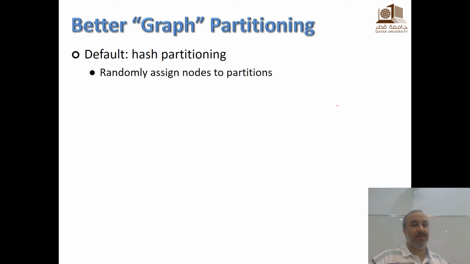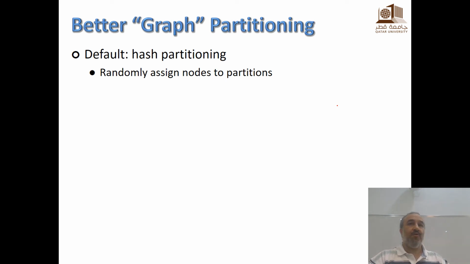We need to partition. The default partitioning, of course, is just hash partitioning. It's completely random. And you know that the records that are read at each mapper are just determined by the splits. So the way that the records are written will be the splits that are given to the mappers.